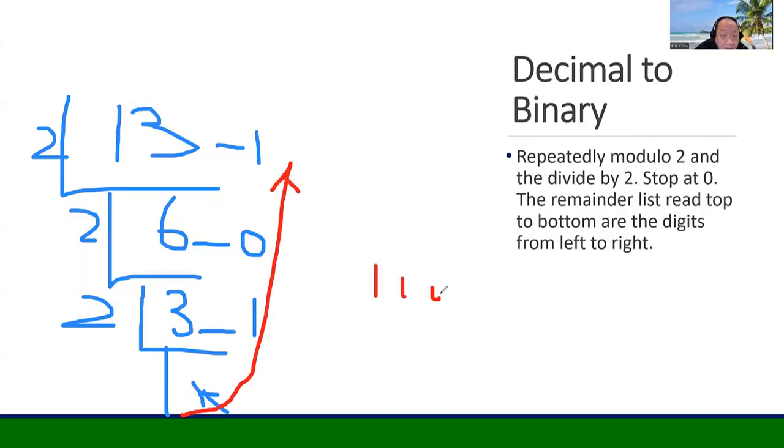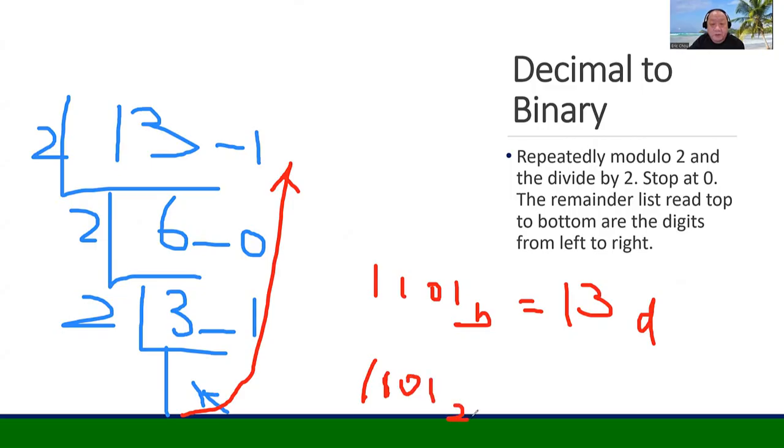It's 1101. So this 1101 binary will be your 13 in decimal. So I can write 1101 subscript B equals 13 subscript D, or I can write 1101 subscript 2 equals 13 subscript 10. Is that okay so far?